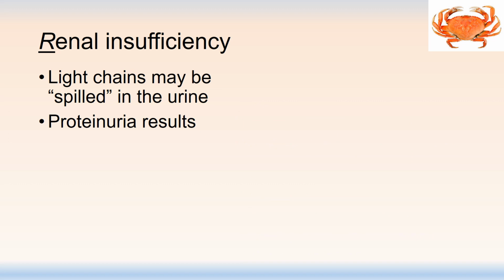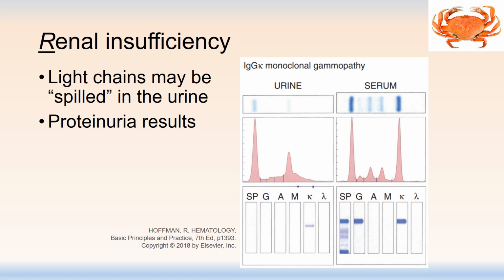As those tubules fill up with those casts, we can start to spill light chains into the urine. That can result in proteinuria. Incidentally, proteinuria can also be the initial identified sign that someone has myeloma. Keep in mind, when you have proteinuria, you can do the same testing that you do on serum. Over here on the right, you have a serum protein electrophoresis, or SPEP, and just as we've talked about, this one shows a gammopathy.